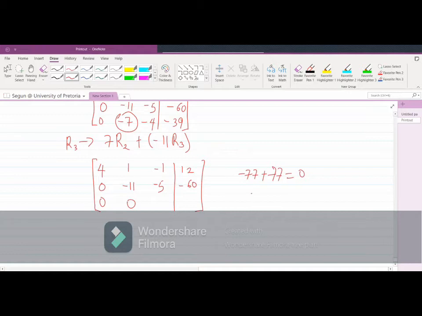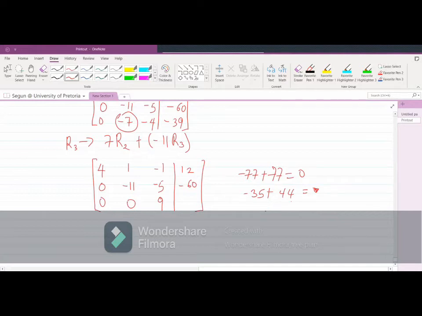7 multiplied by minus 5 is minus 35, right? Minus 35, though we have minus 11 multiplied by, will now be plus 44. What's the answer? 9.